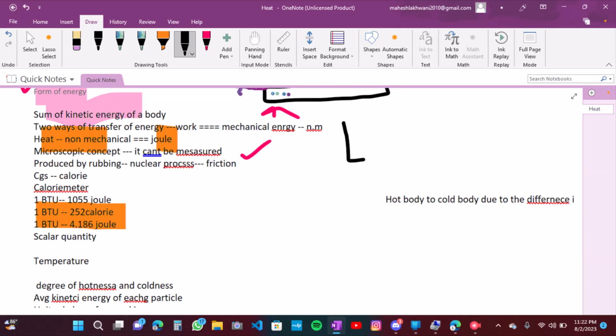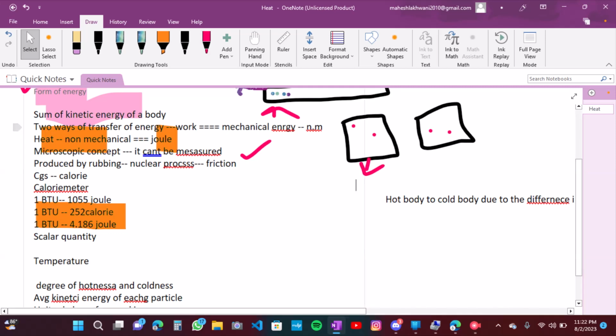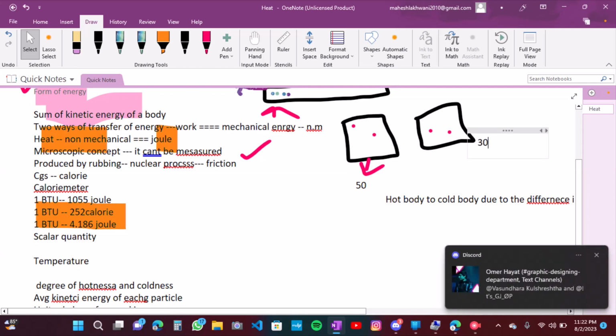Okay, consider we have two boxes over here, right? We have two containers, and they contain certain particles, and the temperature of this box is 50, and the temperature of this box is 30, right?